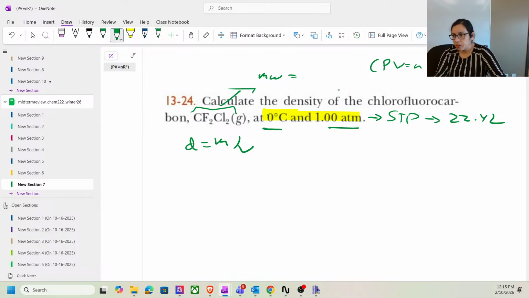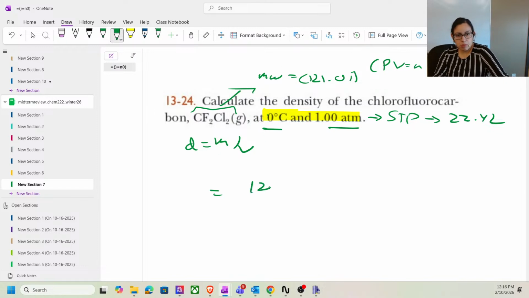And then what's our molecular weight? What do we calculate? 121.01. I have about that. So somewhere around there. So that looks good.